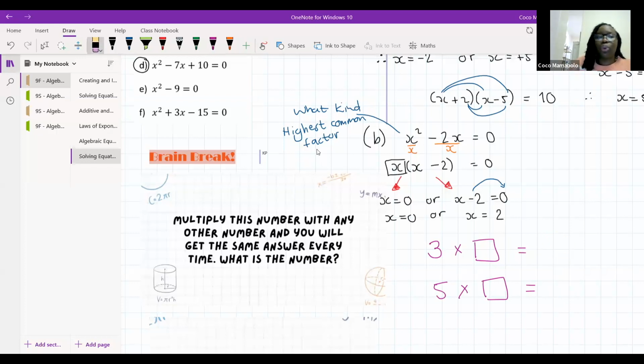For those of you who said 1, if I put 1 in here, 3 times 1 gives me 3, but 5 times 1 is not equal to 3. So the number is definitely not 1, because 1 will give us a different answer every single time. So what is the number that we're actually looking for here?